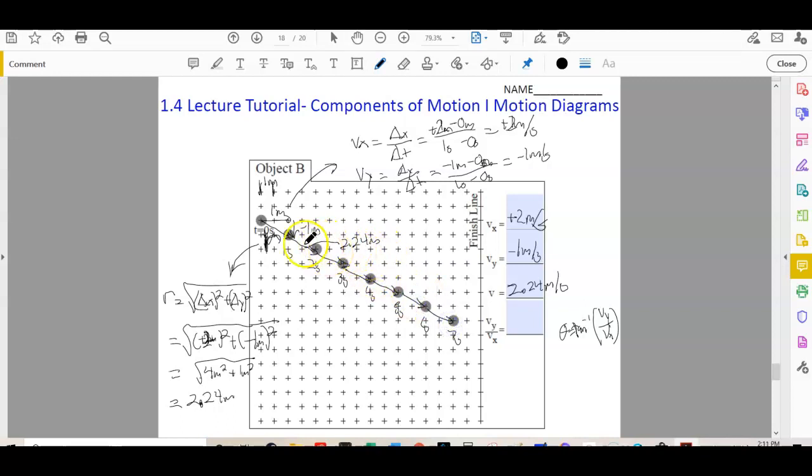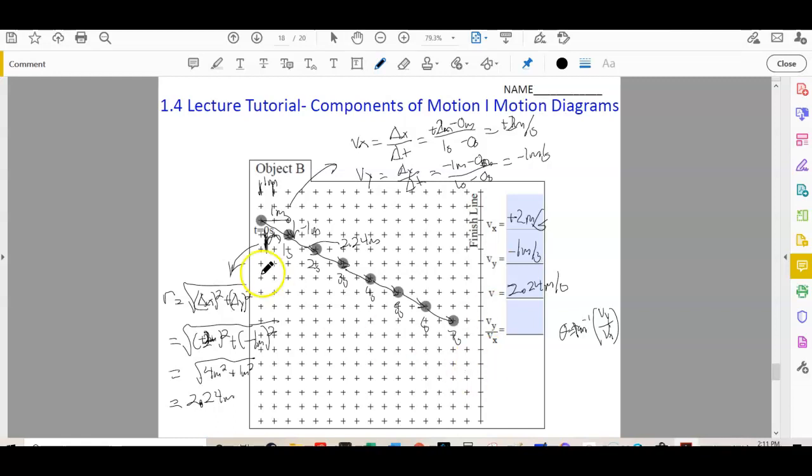If it's moving down and to the right at a constant displacement between each second of 2.24 meters, that means it's a constant velocity. So its velocity in the x direction is positive 2 meters per second, and its velocity in the y direction is negative 1 meter per second.